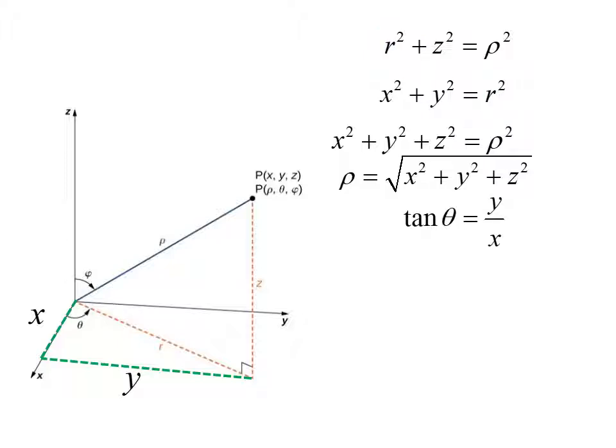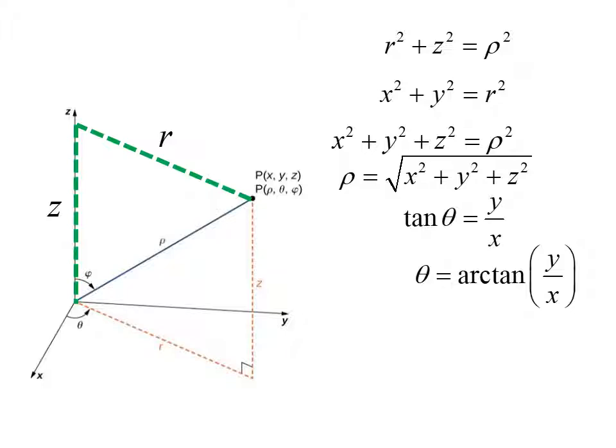Now in this same triangle, the tan of theta is y over x, so that would make theta the arctan of y over x. Now this is an issue that we'll have to resolve when we do it because, again, the arctan is only valid in a couple of quadrants, and those aren't always the quadrants that we're interested in.